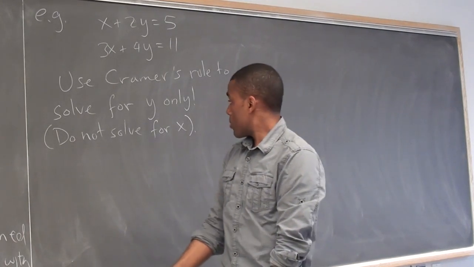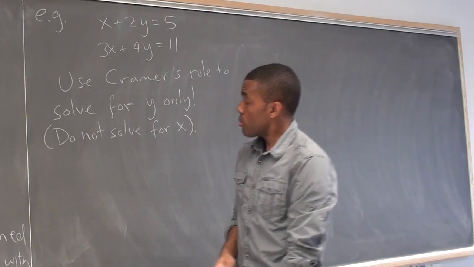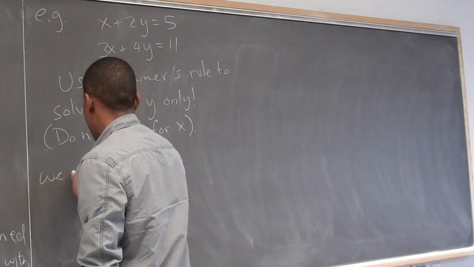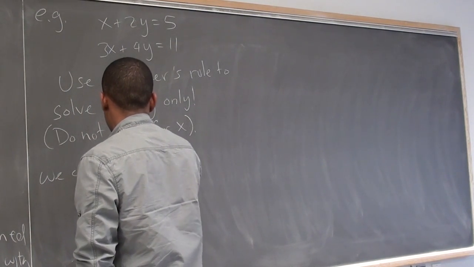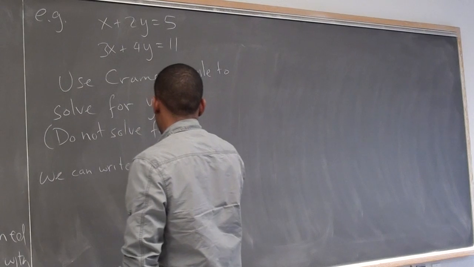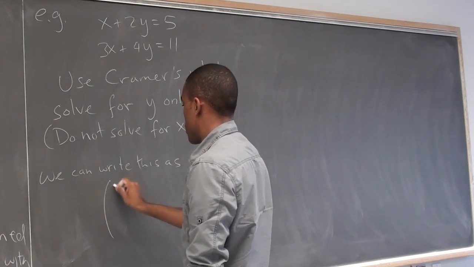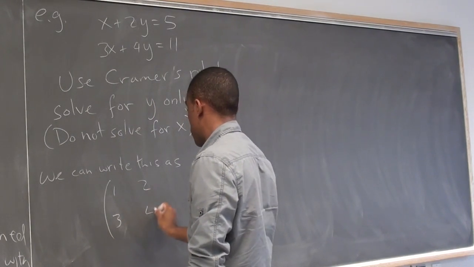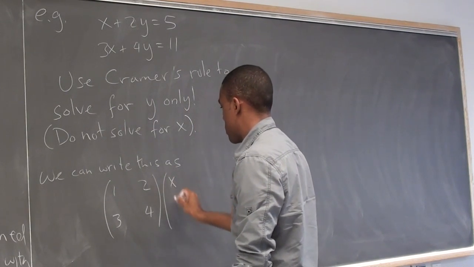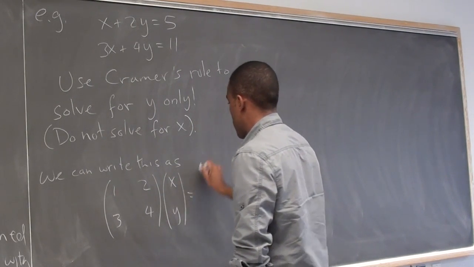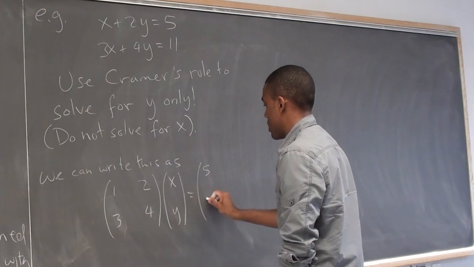So that's the system, which means we can write this as the matrix 1, 2, 3, 4 times x, y equals 5, 11.